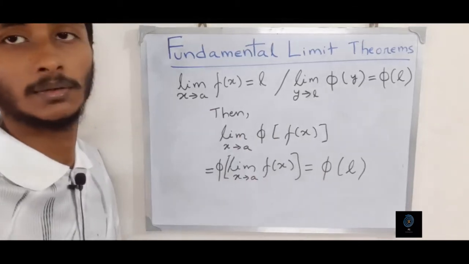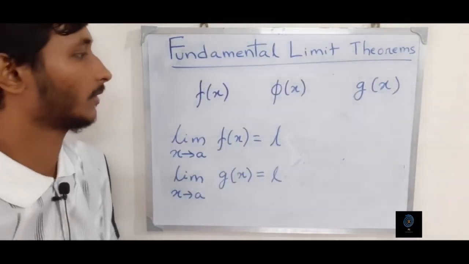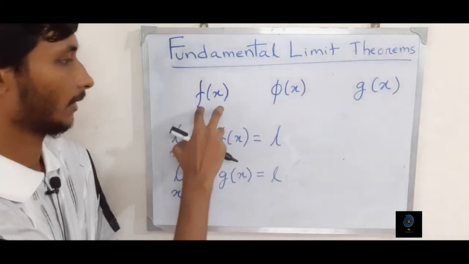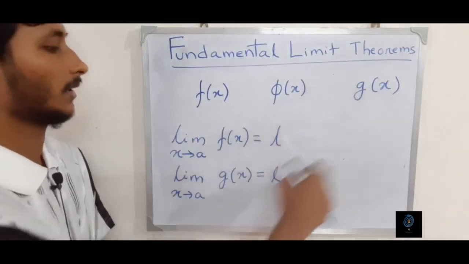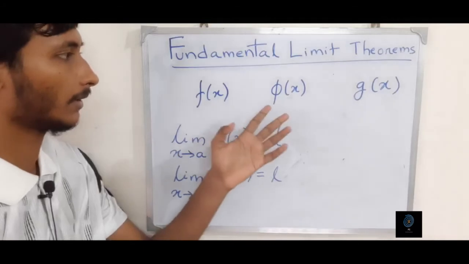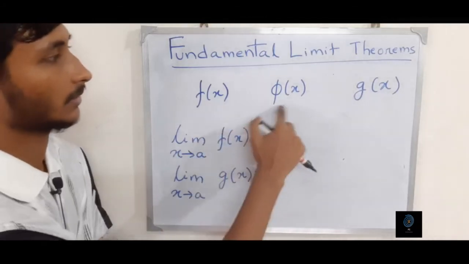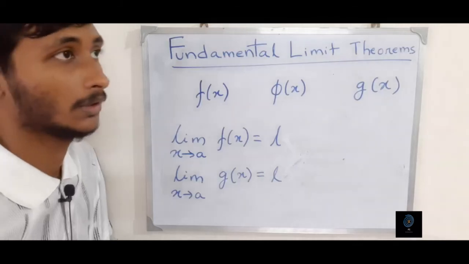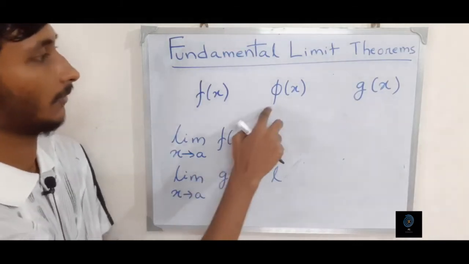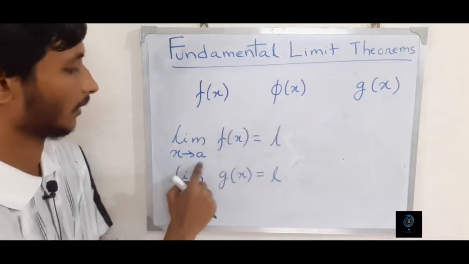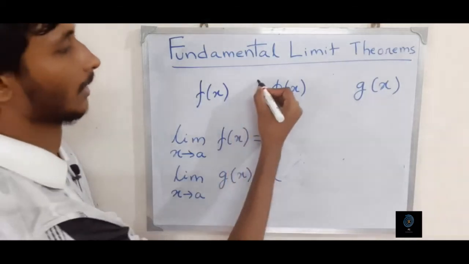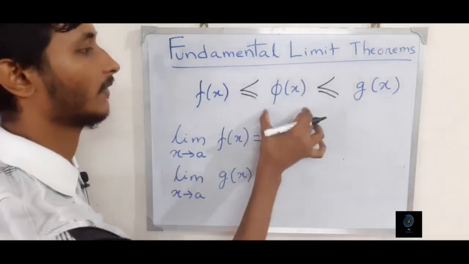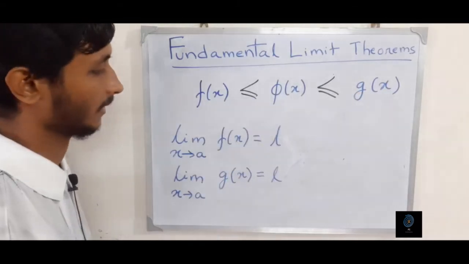this will be phi of L. Now suppose we have three functions f(x), phi(x) and g(x), and we know that limit f(x) equal to L and limit g(x) is also equal to L, and somehow the structure of this phi(x) is so complex that we are not able to find out the limiting value of phi(x) where x tends to a, but we somehow can show that this inequality holds, that phi(x) always lies between f(x) and g(x).